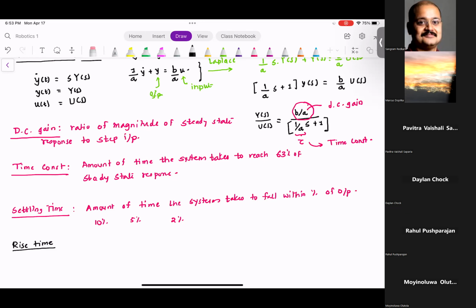Rise time is the amount of time needed by the system to reach a certain percentage of steady state value.